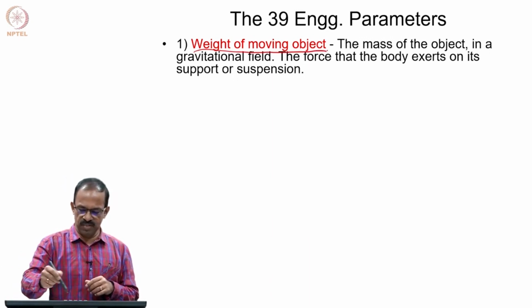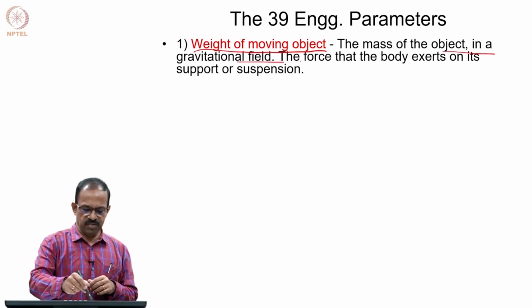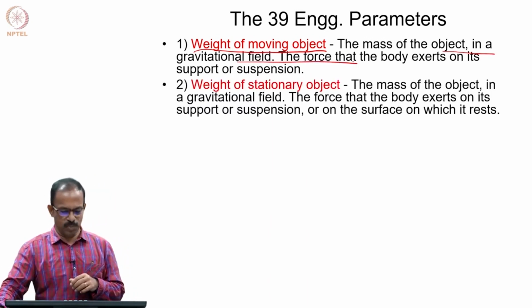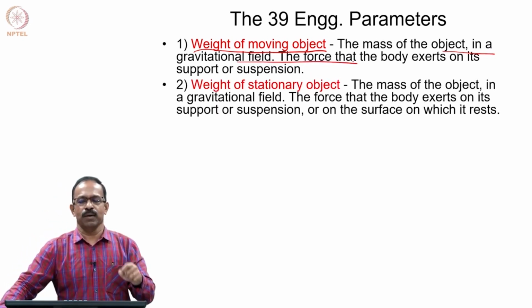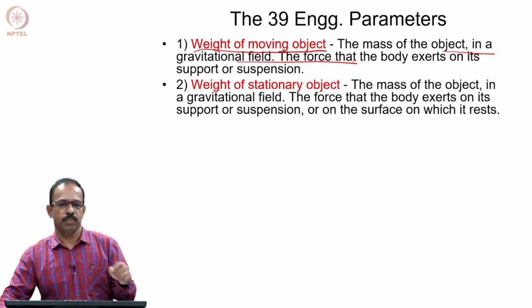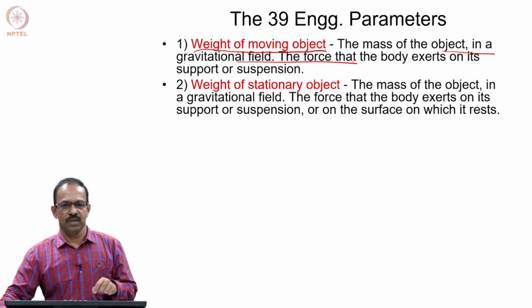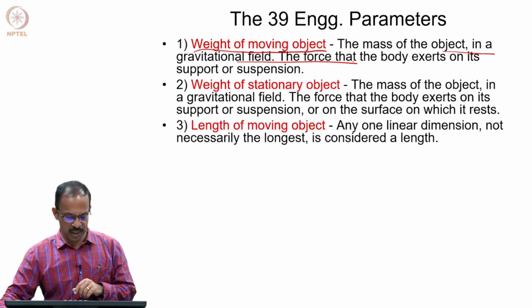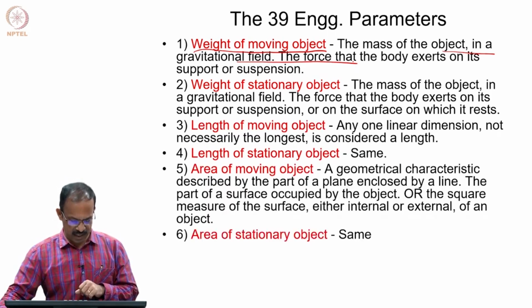So weight of moving object is the mass of the object in a gravitational field, and then weight of stationary object. What the parameter actually represents can be seen in the textbook. I am not going into the details of it, please read it and understand.